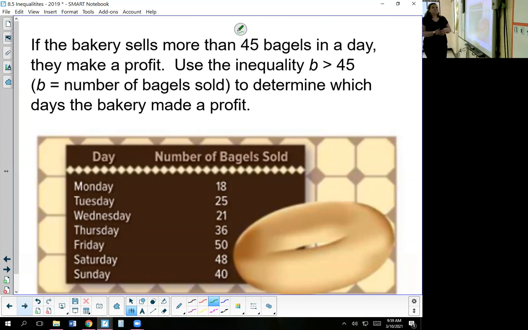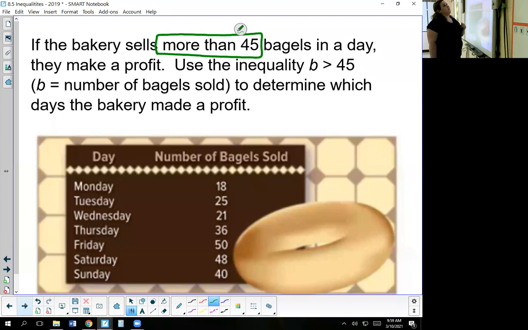So let's say, for instance, we're at a bakery. If the bakery sells more than 45 bagels in a day, basically they're making money. So they have to sell 45 to start making some money. See where it says more than 45?